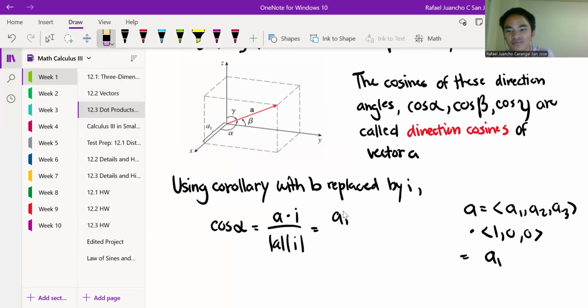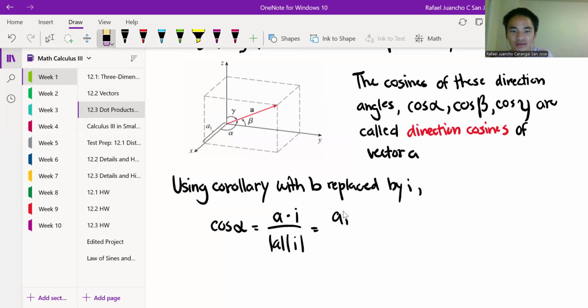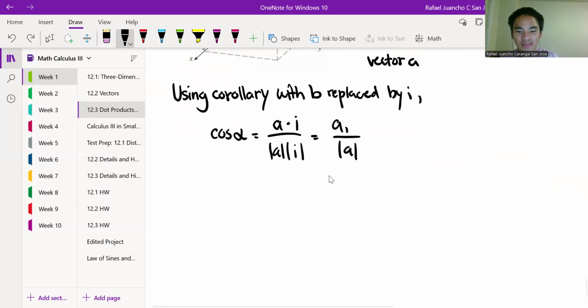Anything you multiply by 0 is 0. So it's going to be A1 plus 0, which is just A1, right? Then we have their magnitude here, which is just A. Because the magnitude of I, if we use the distance formula, is just 1. And we multiply 1 to this magnitude, then it's just the magnitude itself. Because anything you multiply by 1 is just itself, right? 5 times 1 is 5, 4 times 1 is 4. So yeah, we have that.